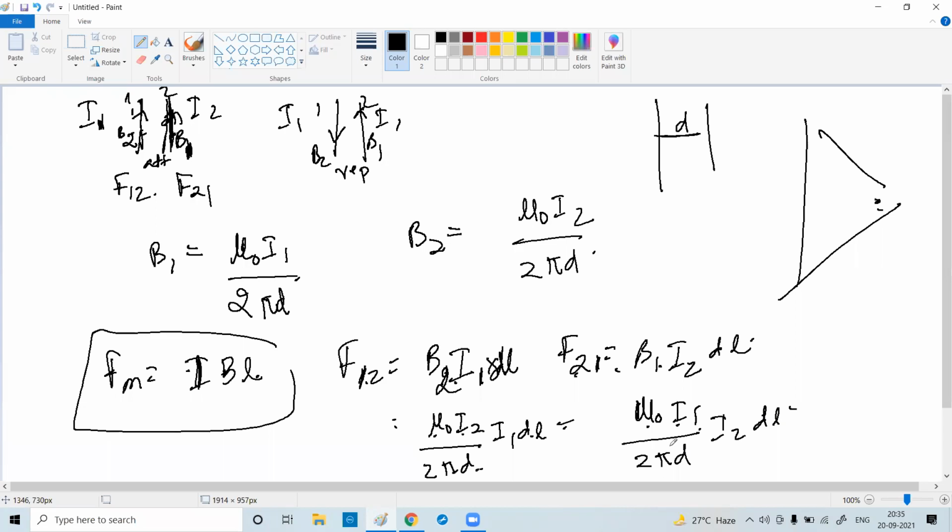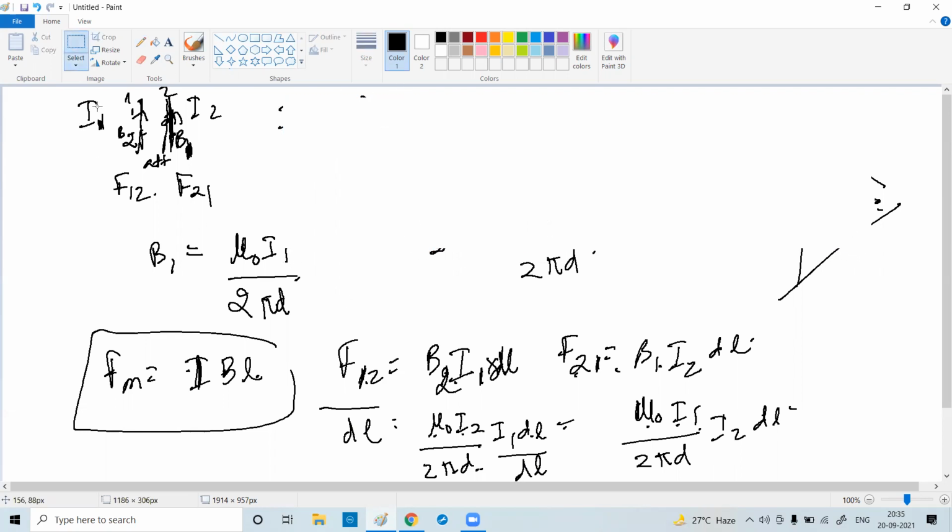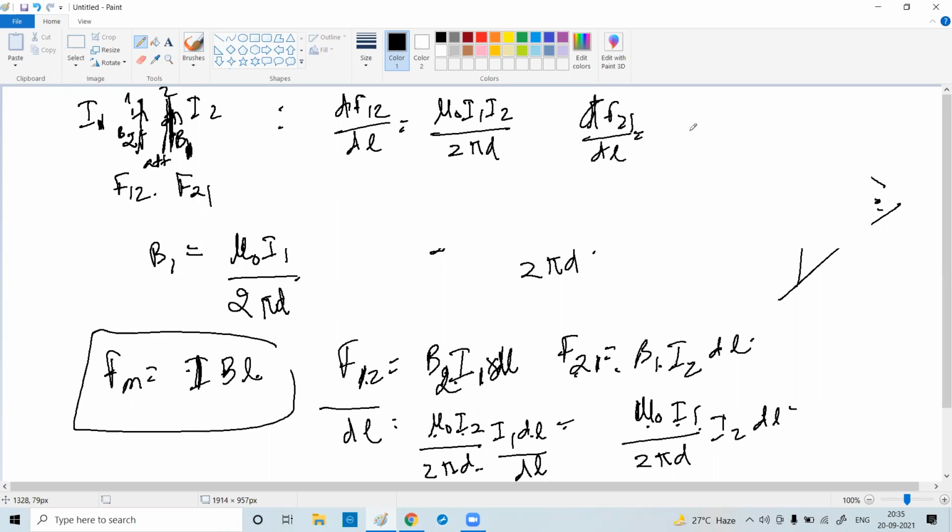So can I say, if I divide by dL, this also gets divided by dL. So I will get dF12 by dL equal to mu naught I1 I2 by 2 pi d. Your dF21 divided by dL equal to what?